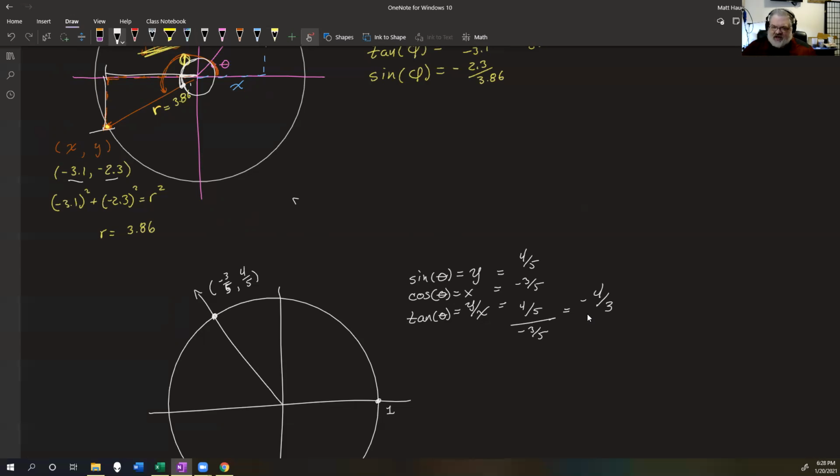Associate your sine values with your y's, your cosines with your x's, your tangents with that ratio between y and x. Questions about that?